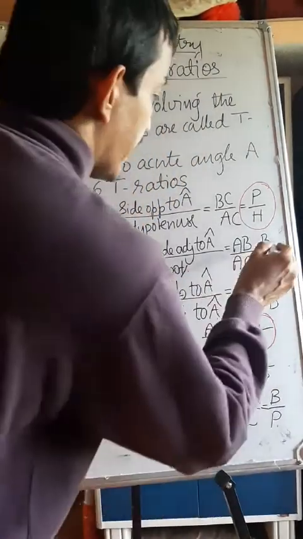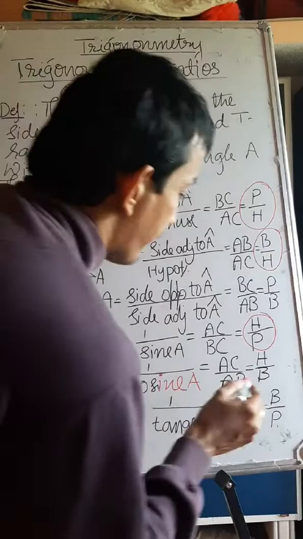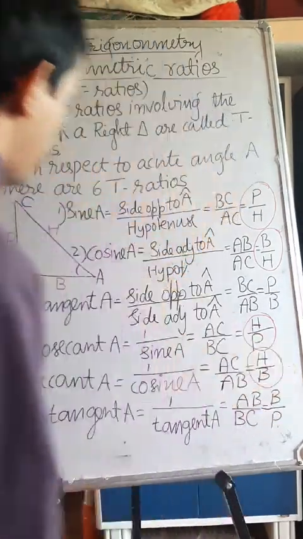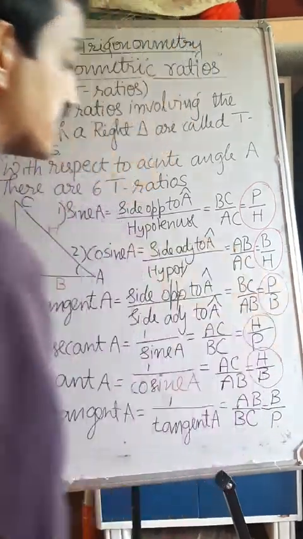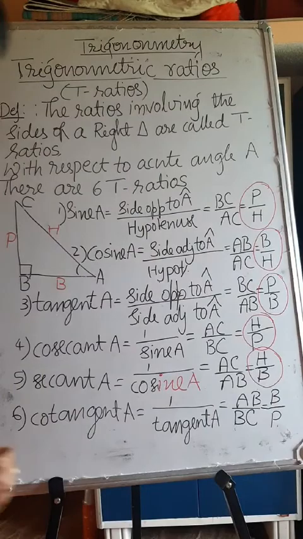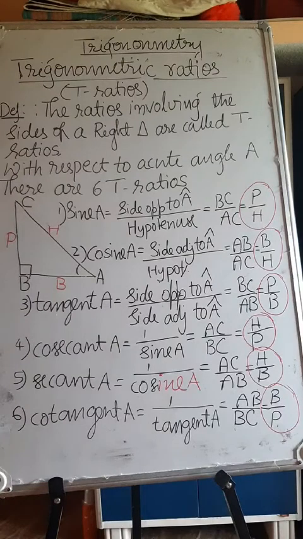If you know cosine A as base by hypotenuse, you can write secant A as hypotenuse by base. If you know tangent A as perpendicular by base, you can write cotangent A, its reciprocal, base by perpendicular. This is very important in the trigonometry chapter. Basically, if you know sine A, cosine A and tangent A, the remaining three ratios you can easily write.